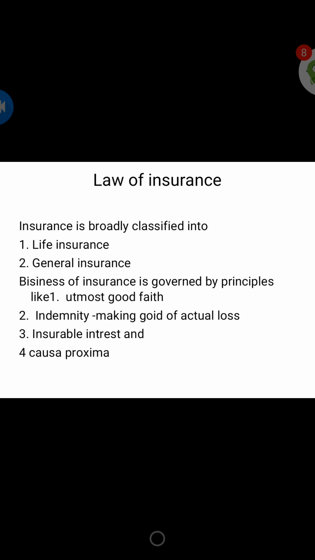Life insurance is a contract of compensation, and general insurance is a contract of indemnity. The contract of indemnity we have already studied, right? It is one type of special contract, where there are two persons, the indemnifier and the indemnified.